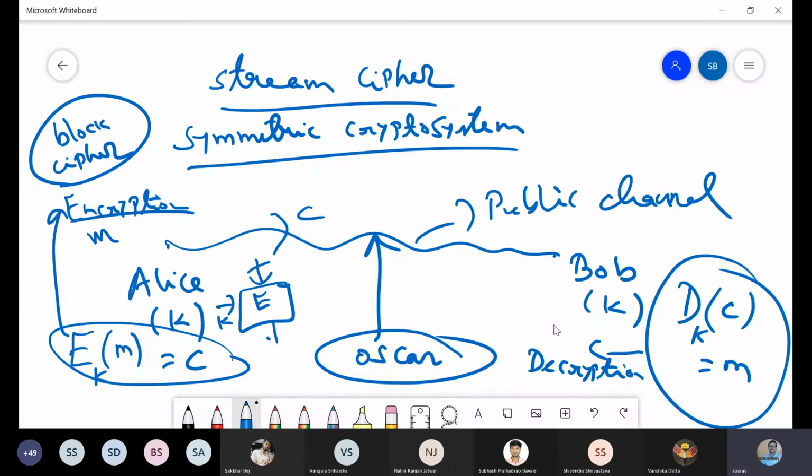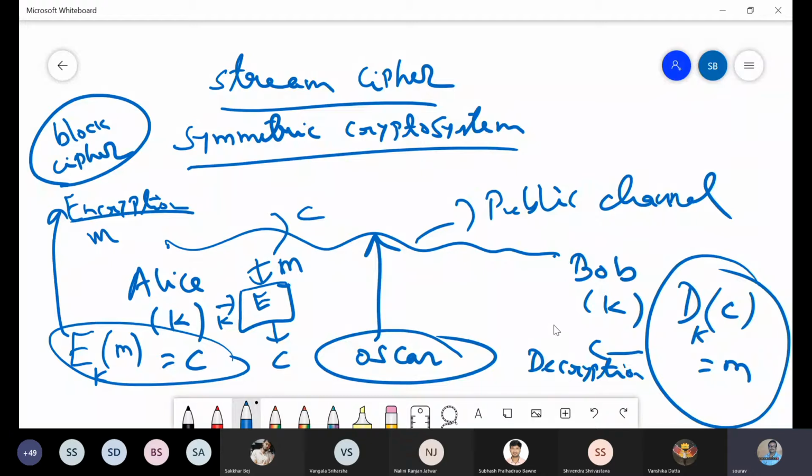This is our encryption, and we get the ciphertext from plain text M. We have discussed many block ciphers, like DES. We haven't started AES because AES needs some mathematical background. That's why we thought to first complete the stream cipher a little bit, then start with the mathematical background, and then move to AES.